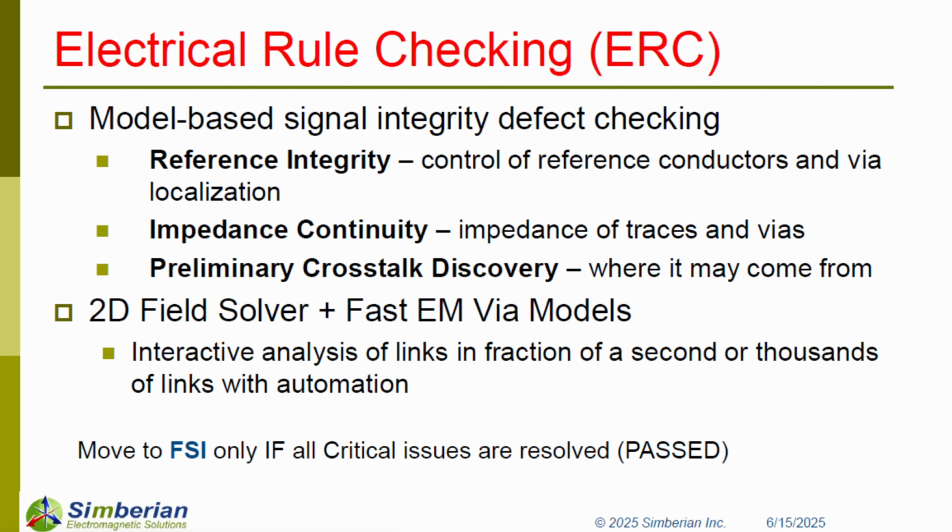It uses two-dimensional field solver, Simbeor SFS, and fast electromagnetic wave models. So it allows interactive analysis of links in fraction of a second or thousands of links with automation.